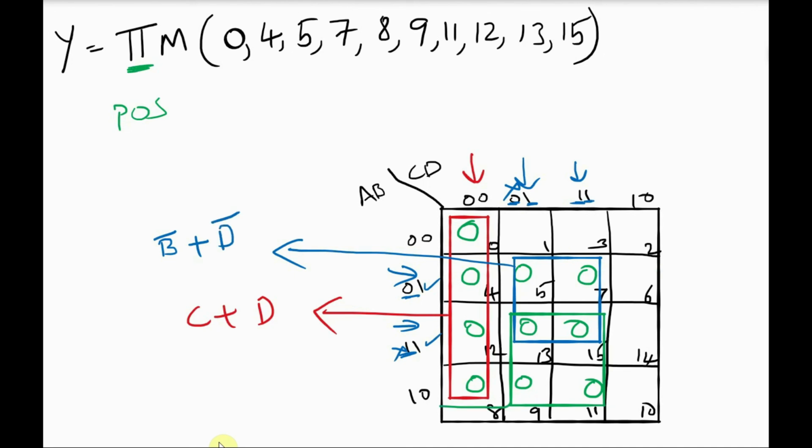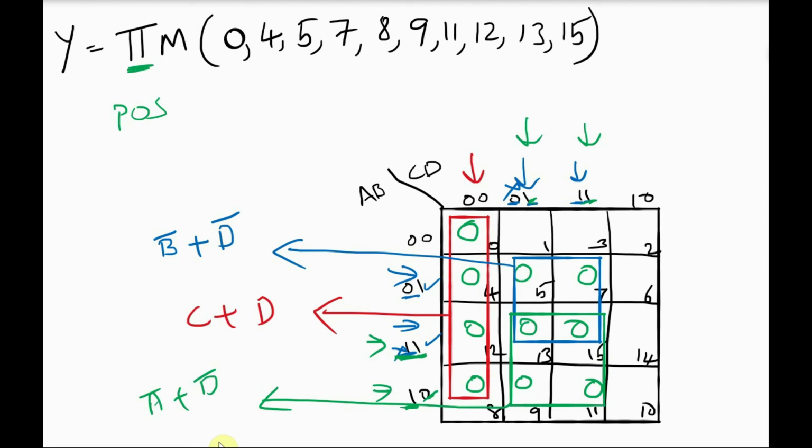And finally, the green group. The last 2 rows, if you see the value of A remains the same and it is 1, therefore A bar plus, we don't want to take the value of B because it is changing, and the value of column, again the second column and third column, that means the value of D remains the same, that is D bar.